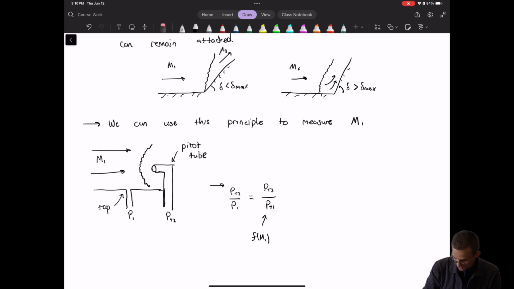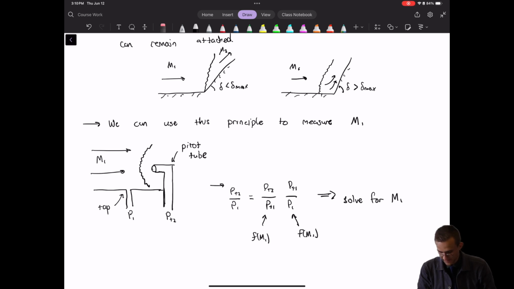And then we also know that PT1 over P1 is some function of M1. And then you can solve for M1, right? So that's how you could find the upstream flow velocity using this principle.